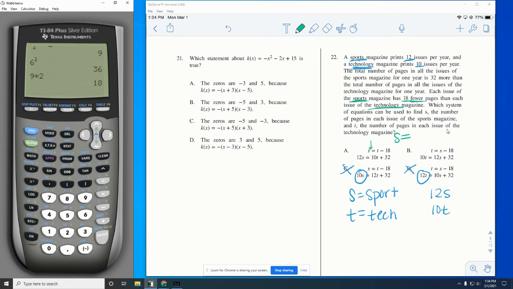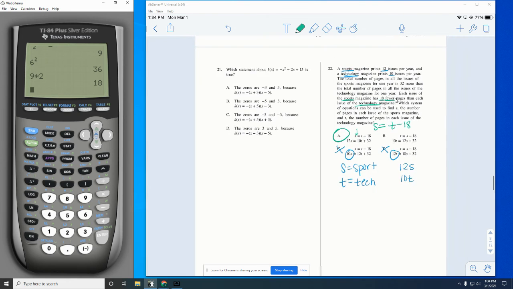So sports equals 18 fewer than technology is the way we can write that. So sports goes on the outside because has is the same as is, which means equals. So sports equals. Well, that's going to be answer choice A. So yes, there were a lot of words there, but I can kind of ignore some of them or skim through them to find the important ones that I need.